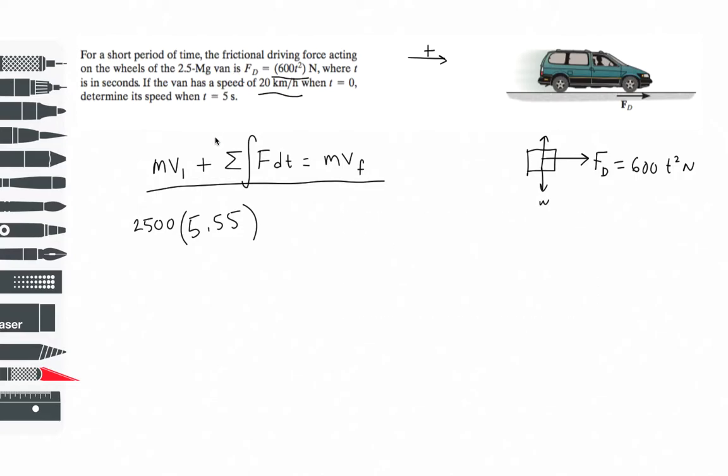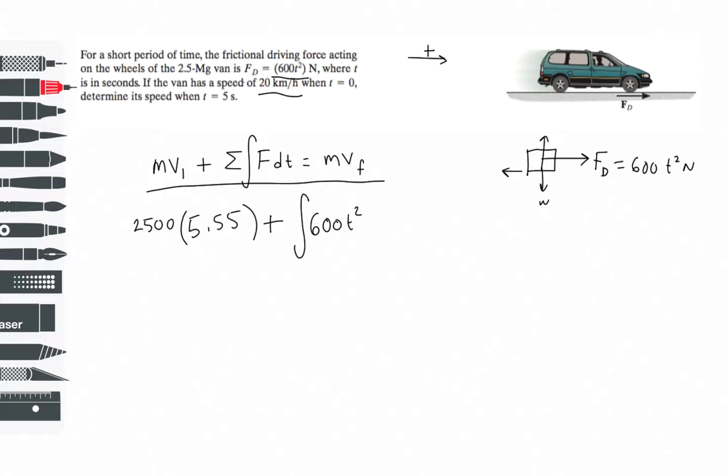What we have next is the forces acting in the x direction, the impulse. The only force acting in the x direction is the driving force, Fd, which is 600 t squared, and we have to take the integral of that. Let's say, for example, there was another force in the x direction, like the friction force.